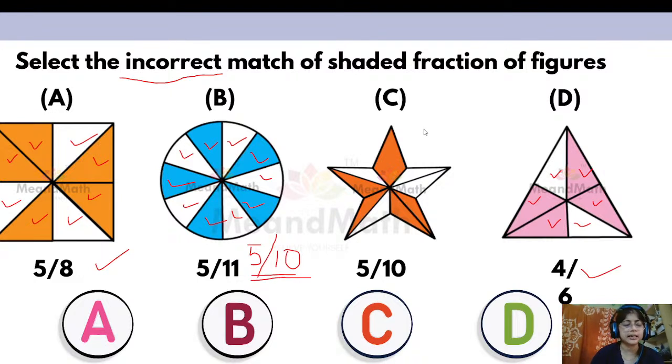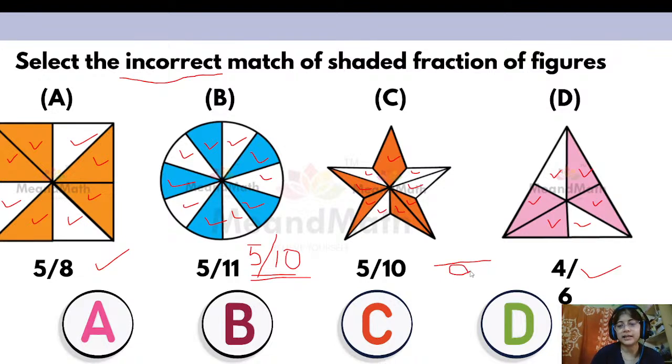And what about C? Let us look at. So C is divided into 1, 2, 3, 4, 5, 6, 7, 8, and 9, right? So... I can see some new students are joining now.